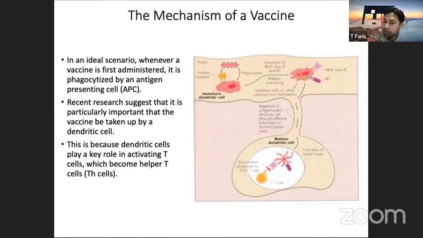When your body recognizes the vaccine as a foreign antigen, of course, we have antigen presenting cells in our body as the front liners in our immune system. They are the first cells to recognize all types of antigens. After that, they pass on the information to the dendritic cells, which then activate the T helper cells or B cells to produce the antibody.